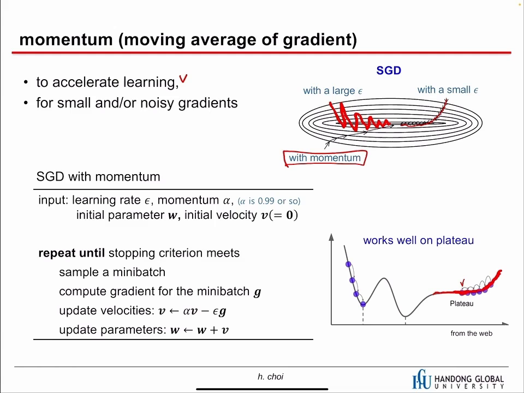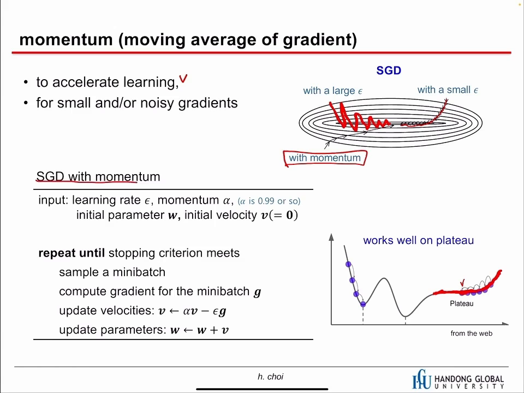Based on that energy and velocity, the ball can go through this plateau. Likewise, we can use that momentum in the learning process, and this momentum is the accumulated gradient.